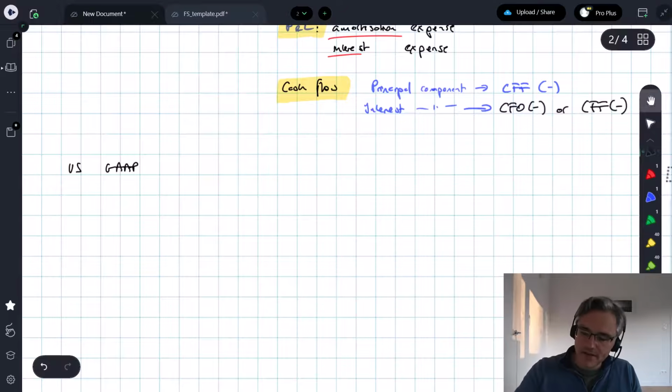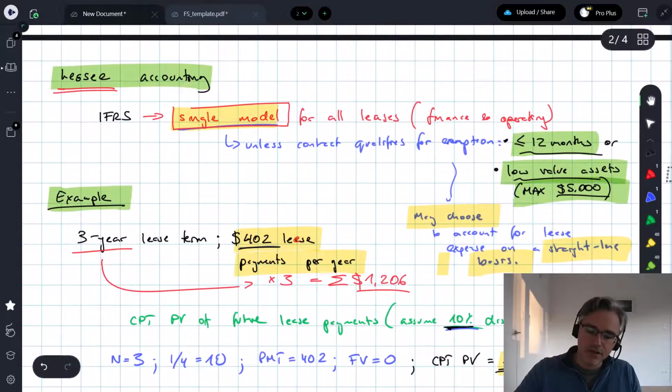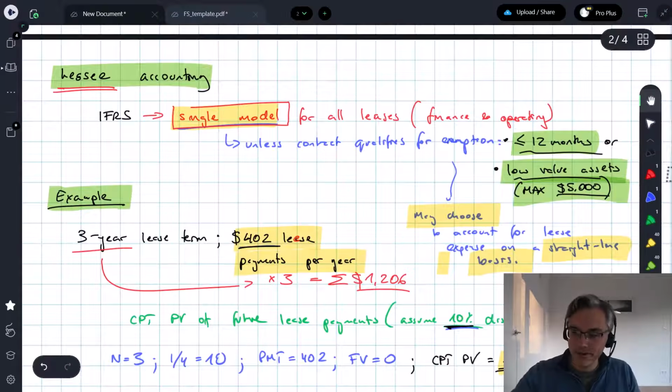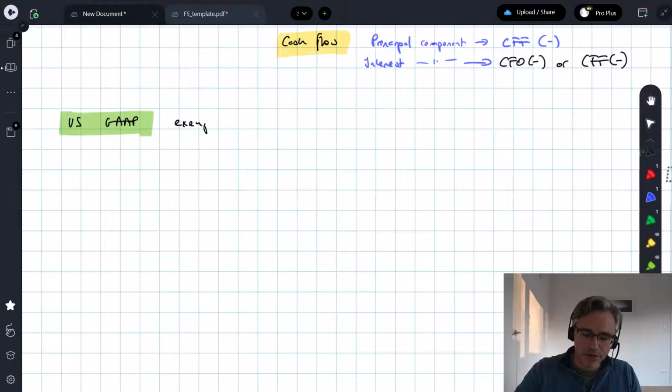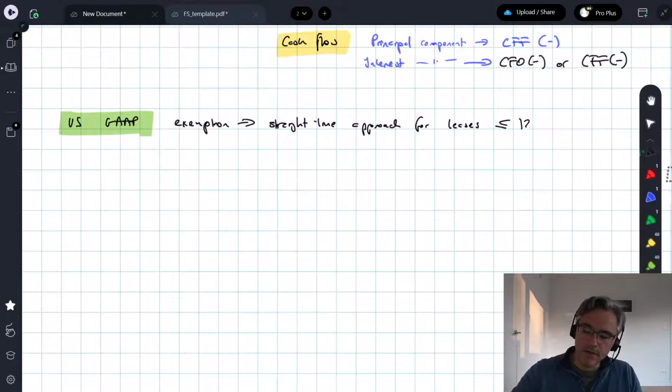We're still talking about accounting by the lessee, by the user. And under US GAAP, there isn't a single model. By the way, there is an exemption. You can use the straight line approach for leases that are a maximum of 12 months.